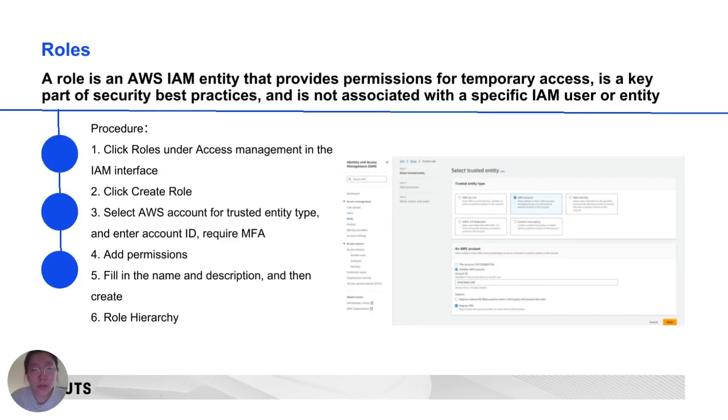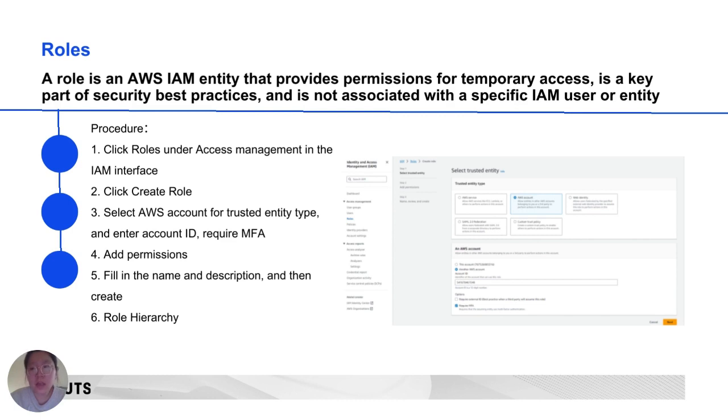And the second part, roles. Creating roles was equally important, as a role provides temporary access permissions. So a role is an AWS IAM entity that provides permissions for temporary access. It's a key part of security best practice and is not associated with a specific IAM user or entity.